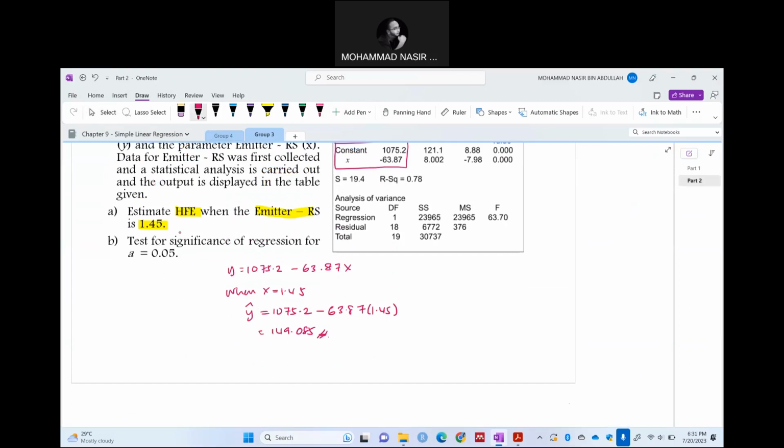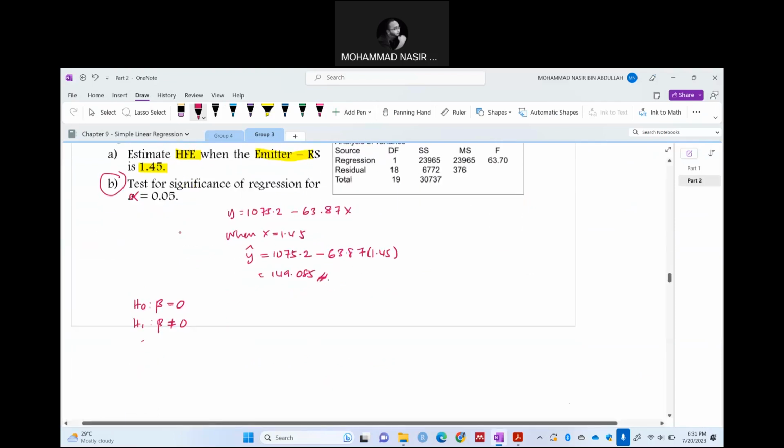Second question, test for significance of regression for alpha equal to 0.05. To test for significance of regression, we look at the ANOVA table. Null hypothesis, beta equals 0; alternative, beta not equal to 0.